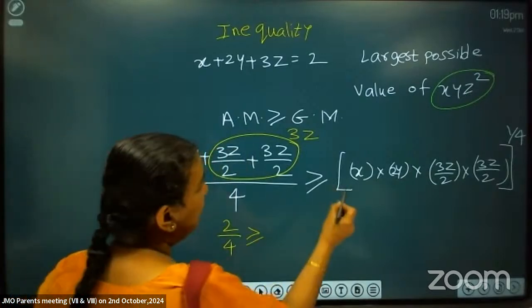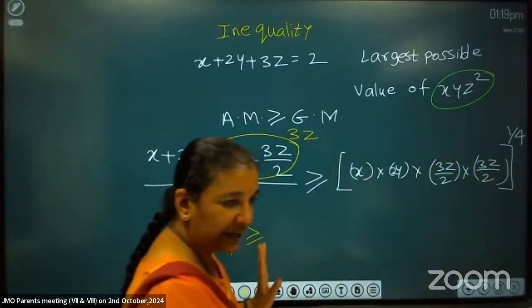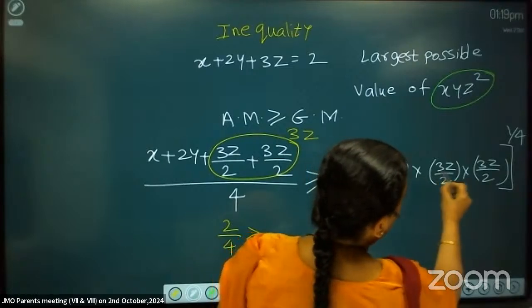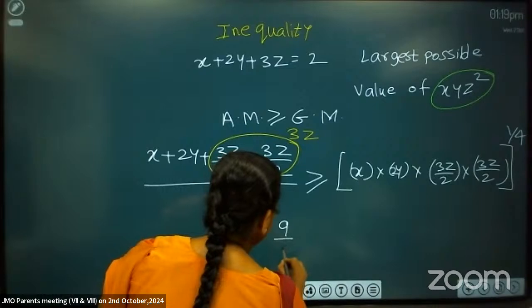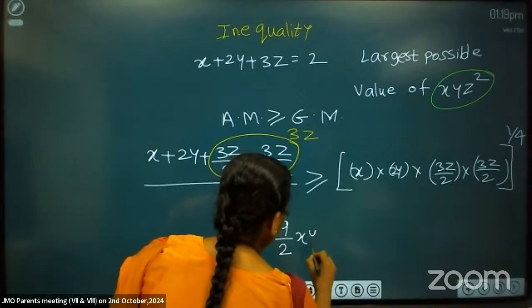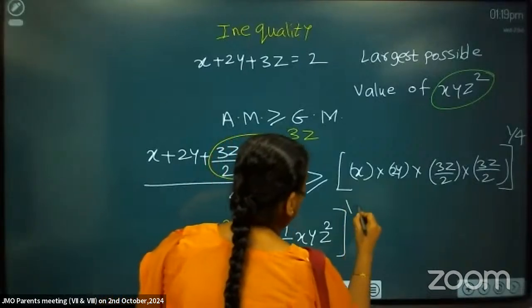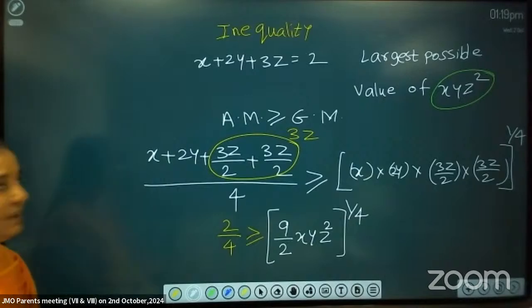So what you get here, x into y into z, that is xyz square. Then these two will get cancelled. 3 into 3, 9 and 2. So here what I get is 9 upon 2 xyz square bracket raised to 1 upon 4. You are with me till here?